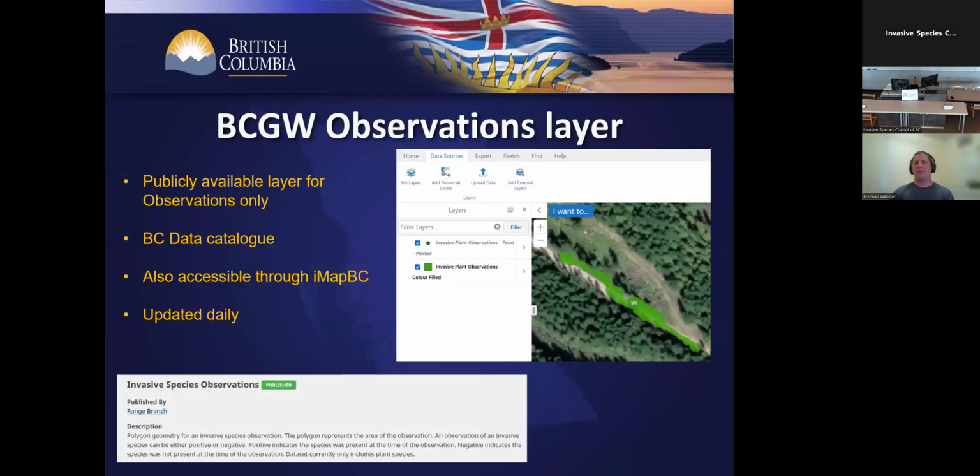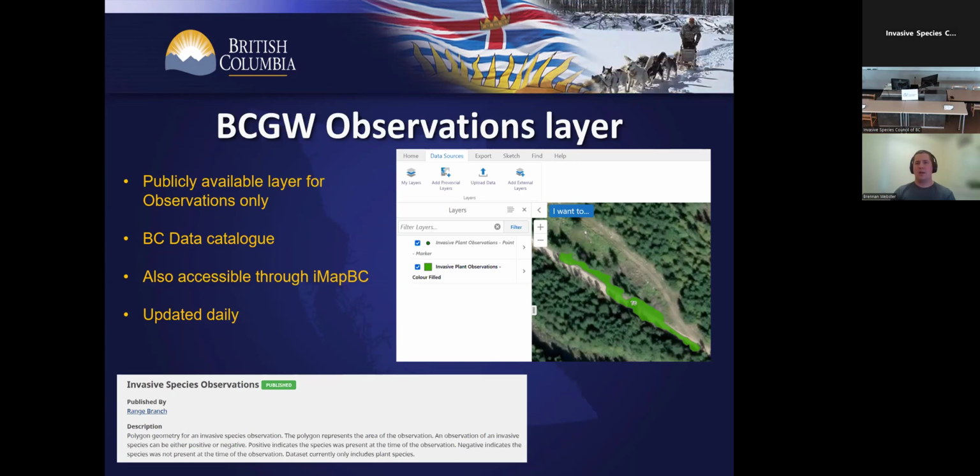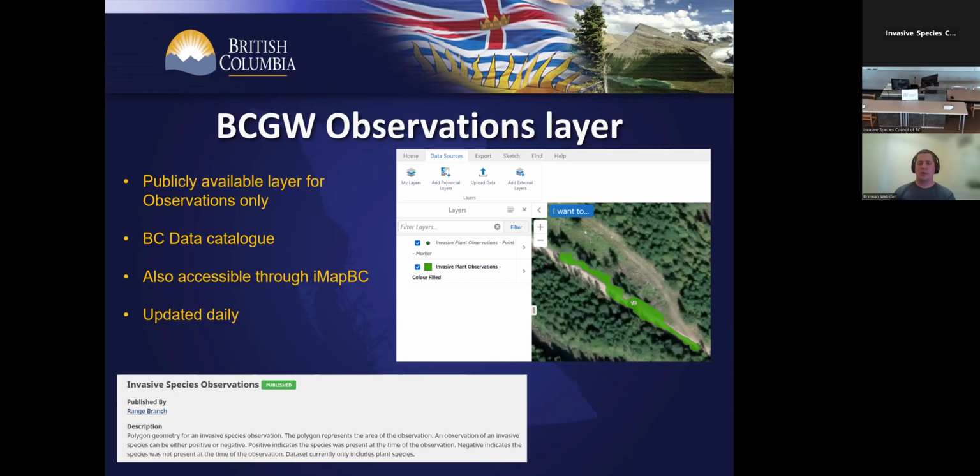And then finally, the other way to get the data is in the BCGW. All the IAP data is in there, and also all the InvasivesBC observation data is in the BCGW, or the data catalog. I think they're sort of interchangeable. And you can also get it through iMapBC as well, which is what is in the screenshot. And it's updated every night at midnight, I think.